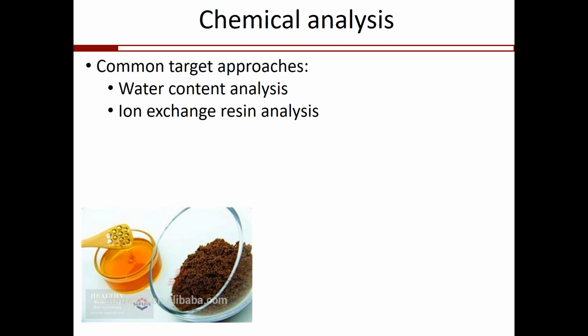On Alibaba.com, which is like the Amazon of China, if you search it up, they sell this resin that is marketed to help beekeepers get their honey approved into U.S. markets, because this resin can actually remove the drugs in the honey and extract them out.